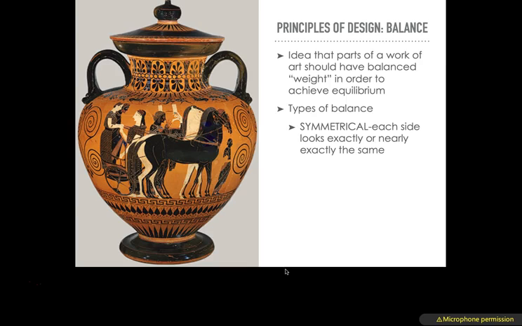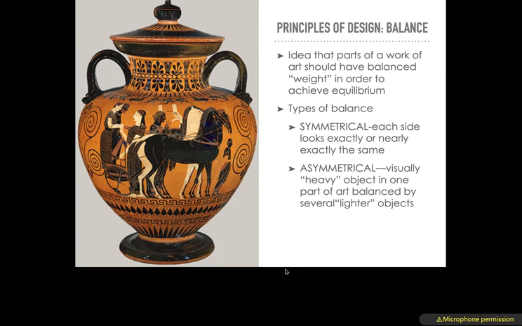So if you ignore the graphic on this vase from ancient Greece and instead draw an imaginary line from the very top of the vase to the very bottom, bisecting it in two, you would see that each side is the mirror image of the other, and so this piece is symmetrical. By contrast, asymmetrical balance means that there are visually heavy objects in one part of the art that must be balanced by several lighter objects in another part of the artwork.